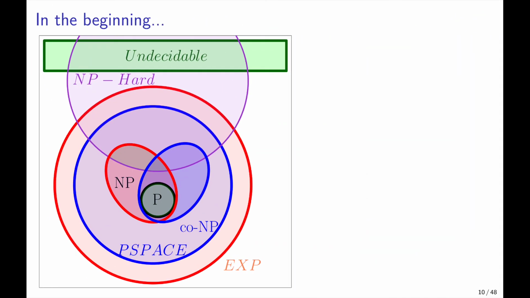And then we are going to spend a lot of time looking at this class here. This is the NP-complete class. NP-complete problems are believed to be the hardest problems in NP. Those are problems that if you can solve one of them, then you can solve all of them in polynomial time, and in particular, you can solve all the problems in NP in polynomial time.